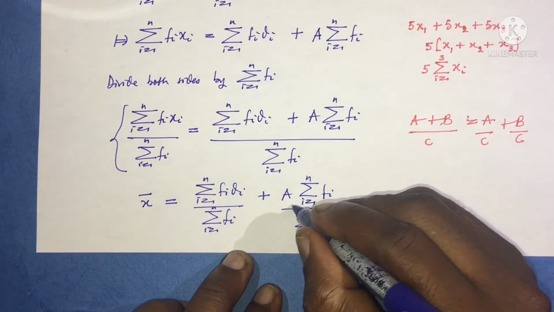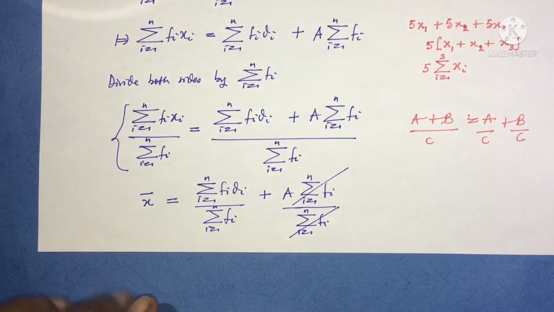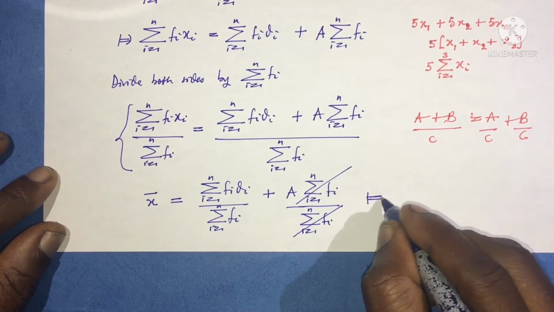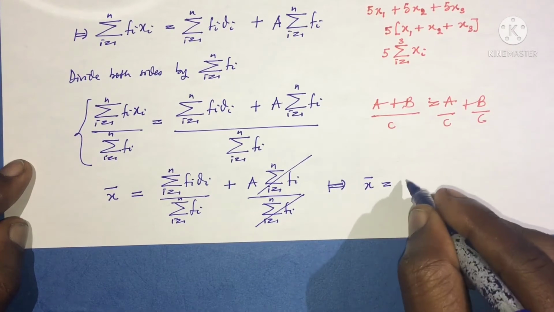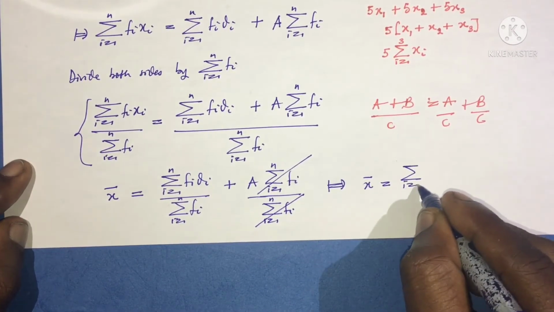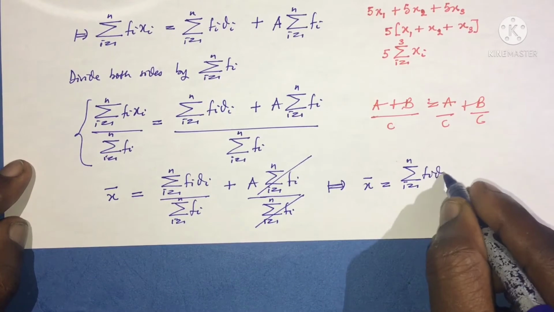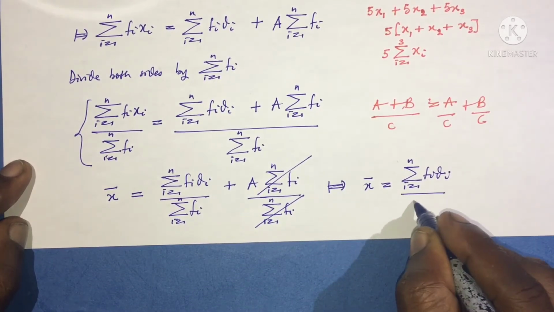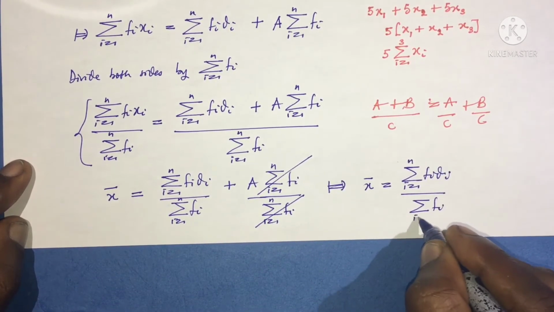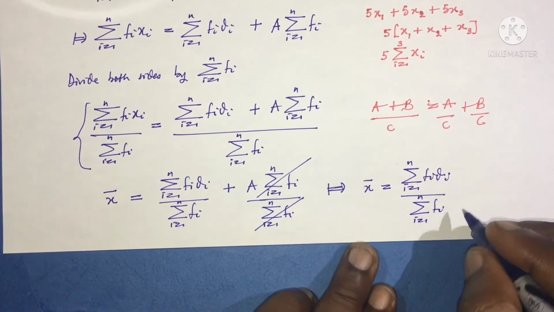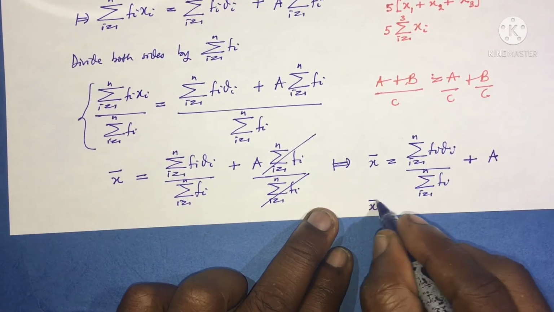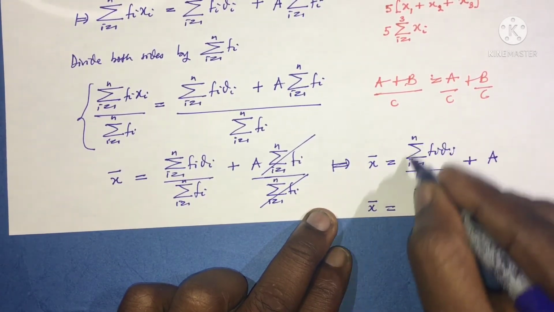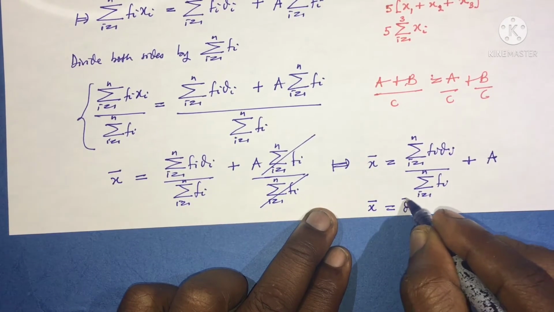Now take note, this will cancel this because they are the same, and our result will become x bar equals the summation from i equals 1 to n of fi di all over the summation of fi from i equals 1 to n, plus a. Again, summarily, this whole thing here can be written as d bar.